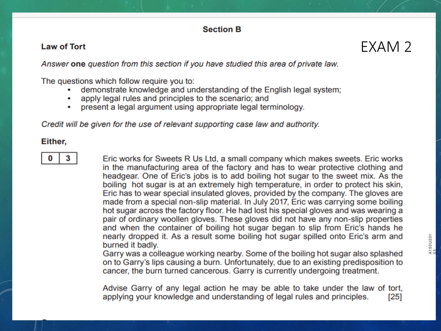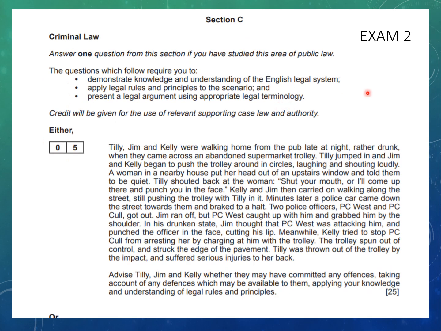And then still on exam 2, section C, just to show you what it looks like. Section C is criminal law, and again you would choose either question 5 or question 6. This particular scenario involved non-fatal offences against the person and any defences. So you would choose 5 or 6, whichever you preferred the look of.